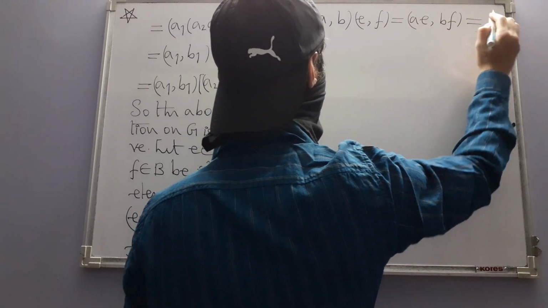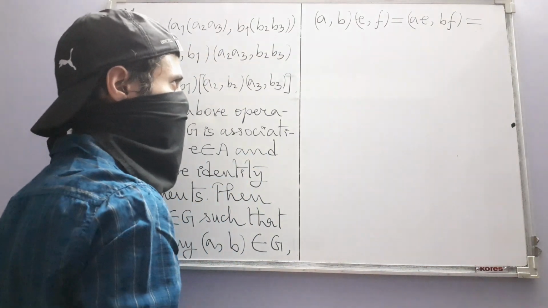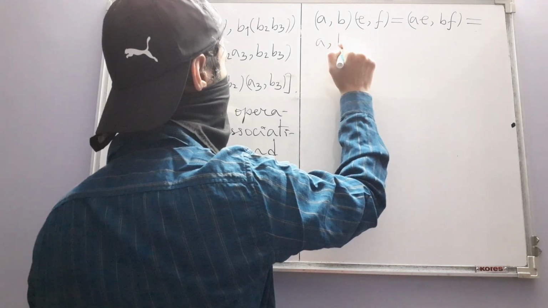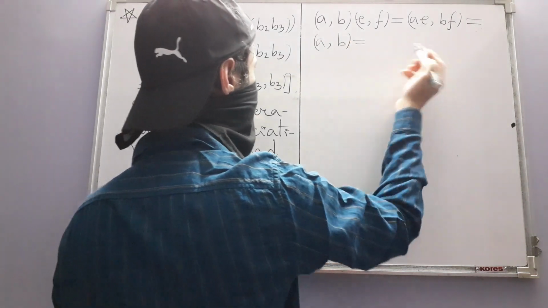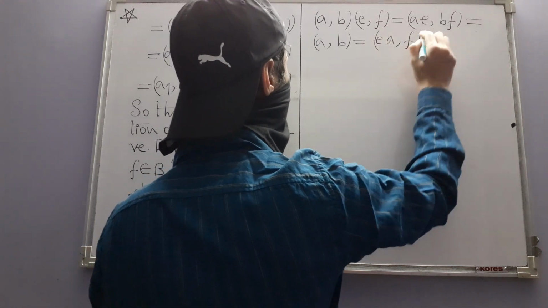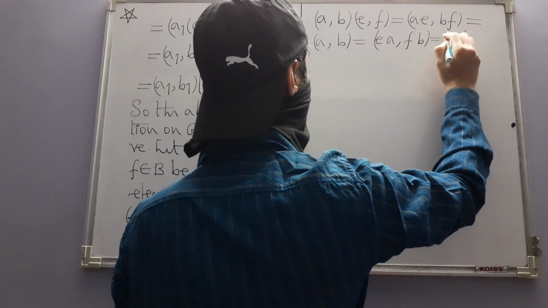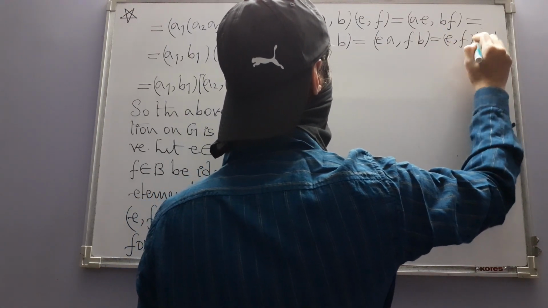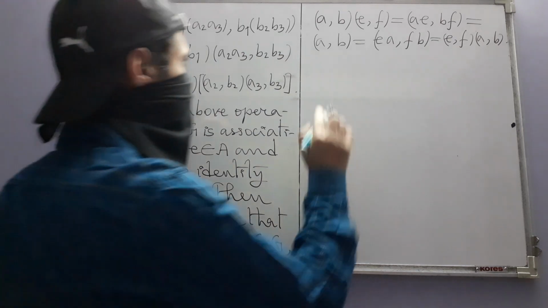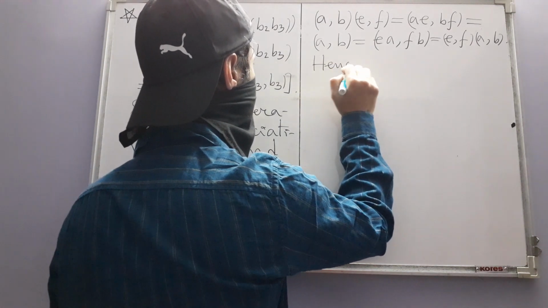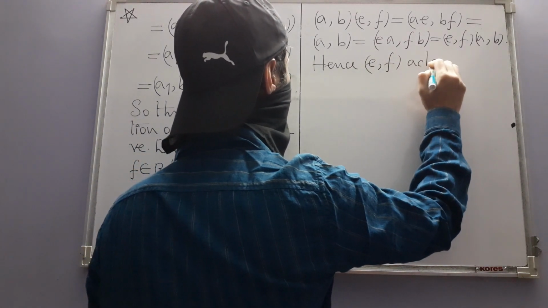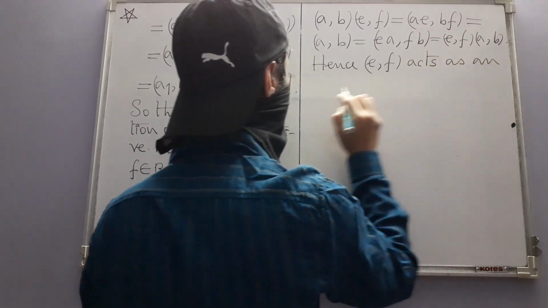EA, FB, because E is the identity in capital A and F is the identity in capital B. So this is just A and B, and that can also be written as AE, BF. So this is equal to EA, FB. Hence, this acts as an identity.